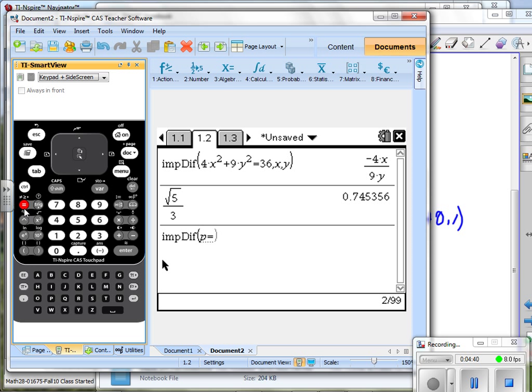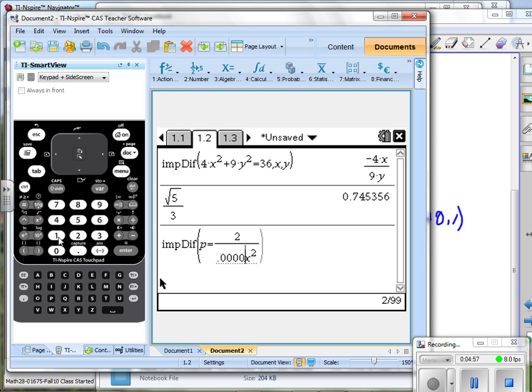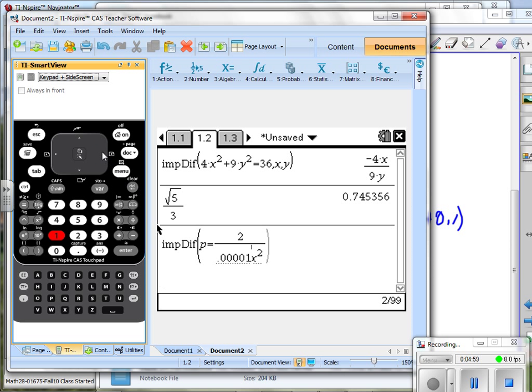P equals, there we go, and then the fraction, 2 divided by, plus 1/10 x.